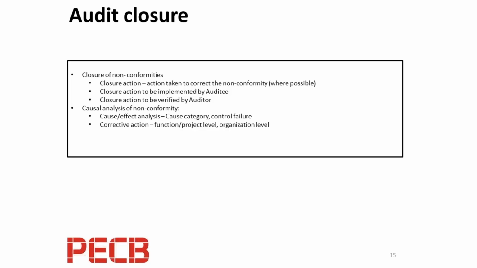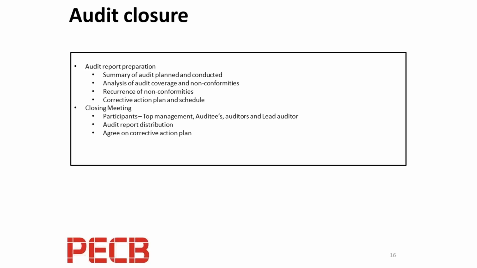Causal analysis for non-conformity covers cause and effect analysis, cause category, control failure, and corrective action, at functional, project-wise, or organization level, anything that the auditee team can take to close the non-conformity that was observed.